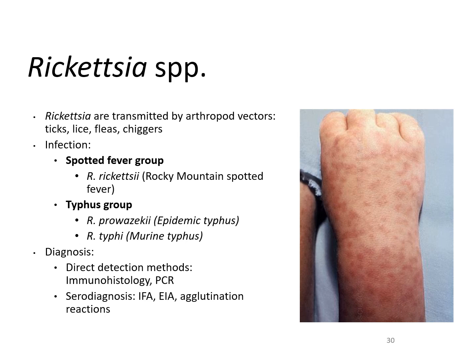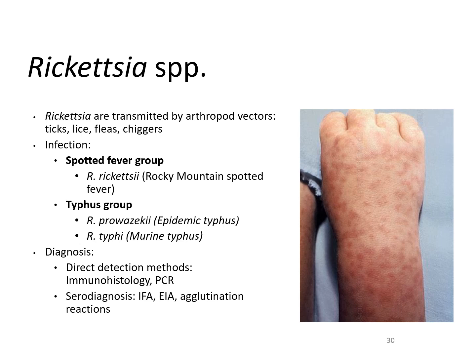Rickettsia is transmitted by arthropod vectors. So this will be something like ticks, lice, fleas, chiggers. This causes a spotted fever group or typhus group of infections. The one that you may be most familiar with would be Rickettsia rickettsii, which causes Rocky Mountain spotted fever.